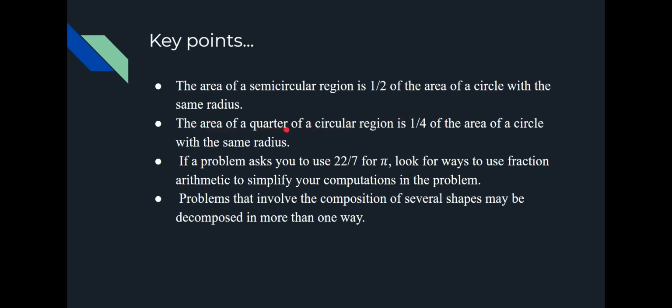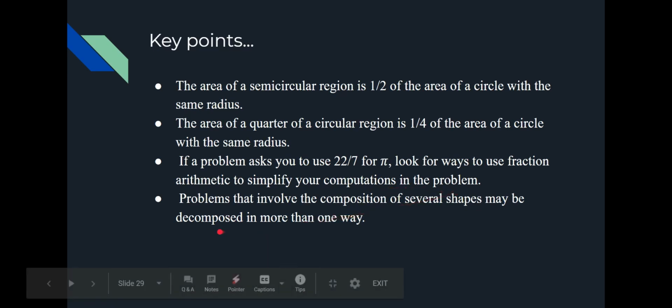The area of a quarter of a circular region is 1/4 of the area of a circle with the same radius. If a problem asks you to use 22/7 for pi, look for ways to use fraction arithmetic to simplify your computations in the problem. Problems that involve the composition of several shapes may be decomposed in more than one way.